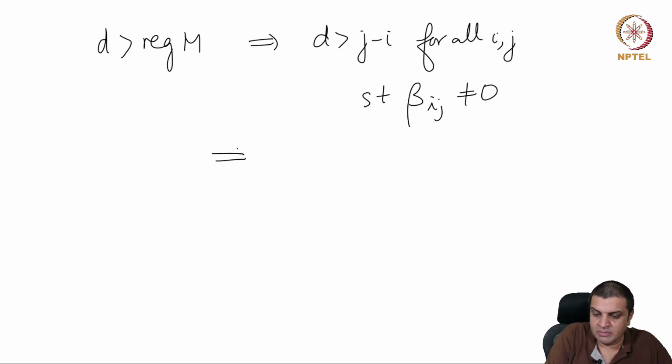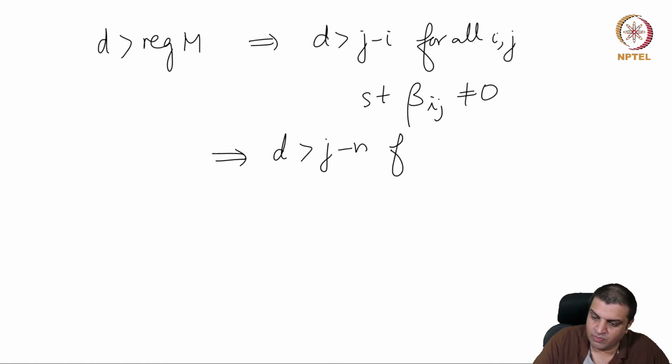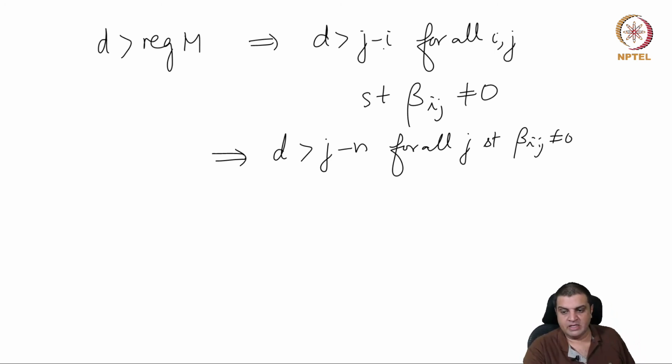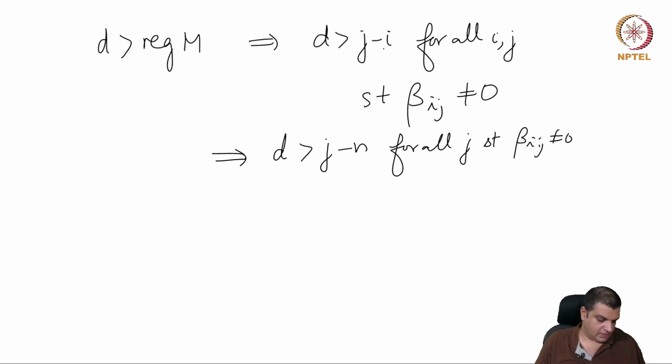Which in particular implies, since the maximum value of I is n, that D is greater than J minus n for all J such that beta IJ is not 0. I mean, J minus I is bigger than J minus n. So we get this condition. Okay. So now what does that say?